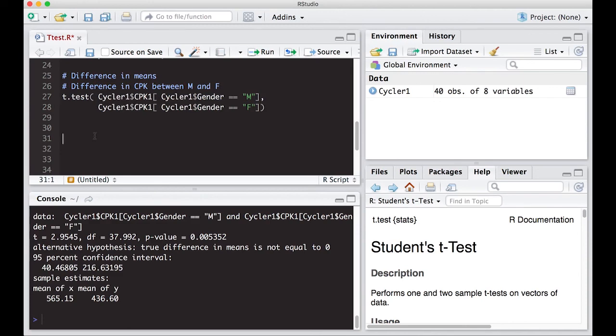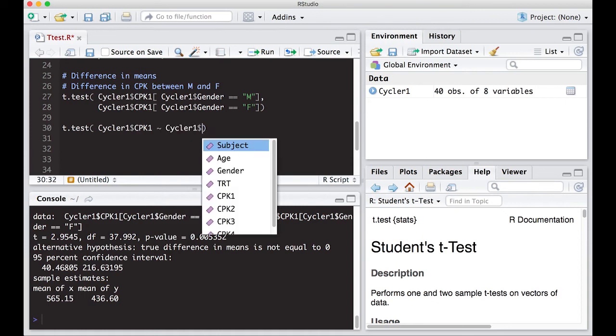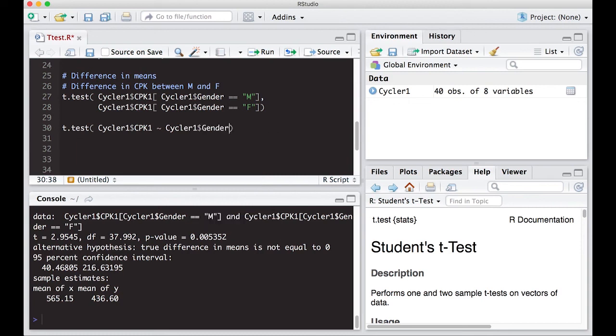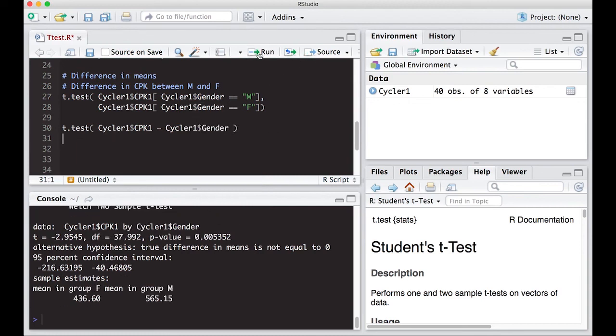There's an alternative way to do this and get the same sort of information. So let's do cycler1, CPK1, and then here I'm going to use the twiddle. We did this with box plots, and it'll work here as well. This twiddle allows us to do one against the other. So I can just put gender, and if it's two groups, I can run this as an alternative.